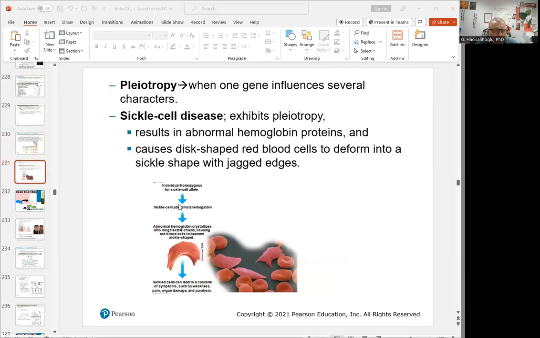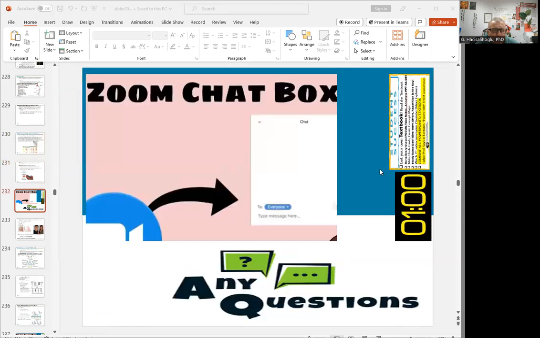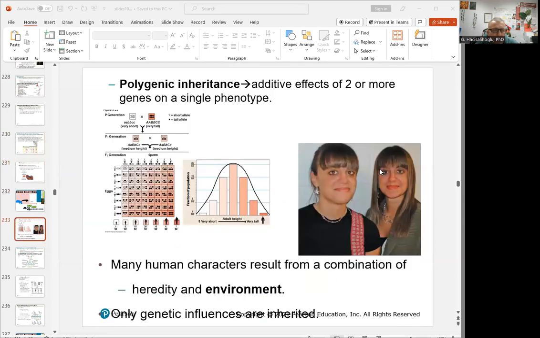Sickle cell, there is some information here about sickle cell you can read about, and we will see it in the coming chapters. Polygenic is basically a situation where there are more than 2 genes involved. So you can find the ratio, but it will be a very large ratio. Like maybe for 3 genes, it will end up with 64. The ratio will look like 27, 9, 9, 9, 3, 3, 3, 3, 3, 3, 1.